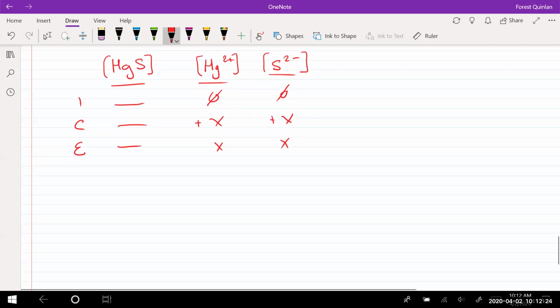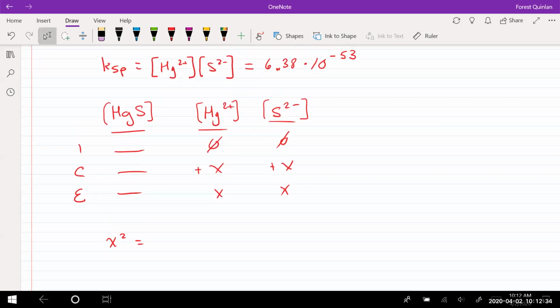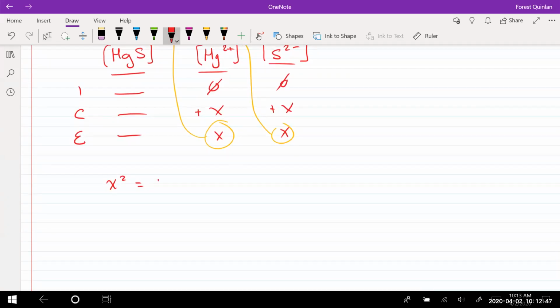So x squared is equal to 6.38 times 10 to the negative 53, which means that x is equal to 7.99 times 10 to the negative 27.